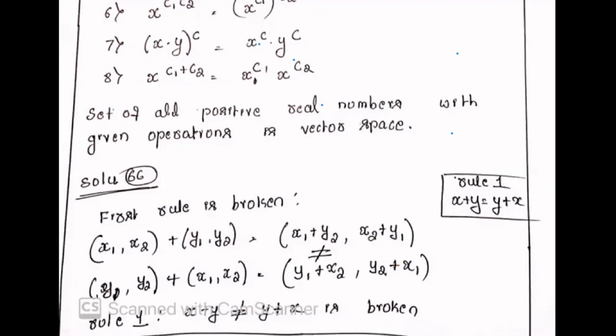RHS is y plus x. What is y? y1, y2. What is x? x1, x2. After adding, what you get is: the first element y1 will be added to the second element of the second vector, that means y1 plus x2 will come, and the second element of the first vector will be added to the first element of the second vector, y2 plus x1 will come.